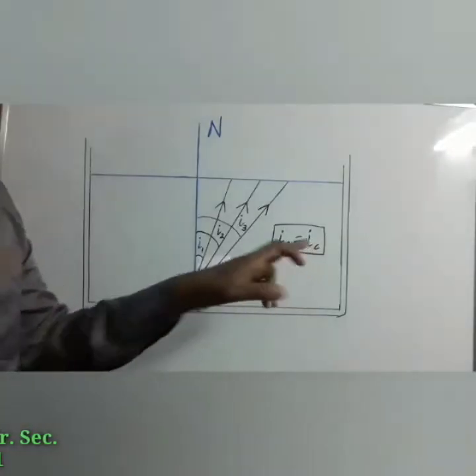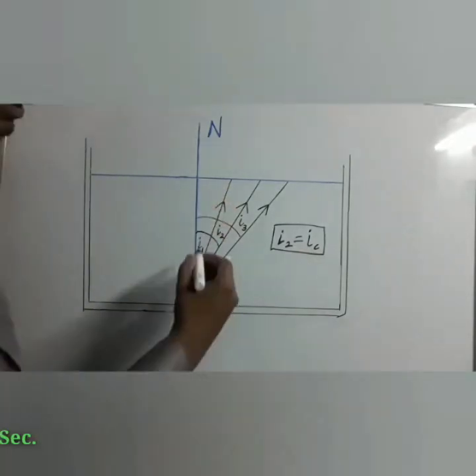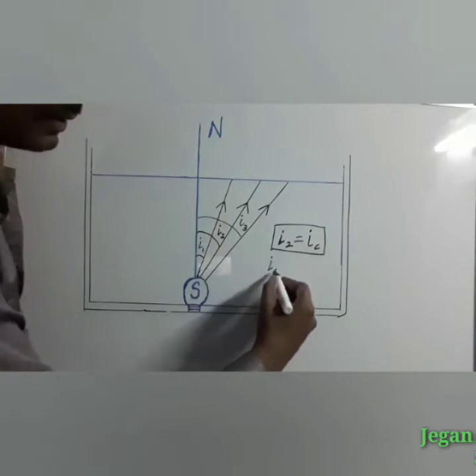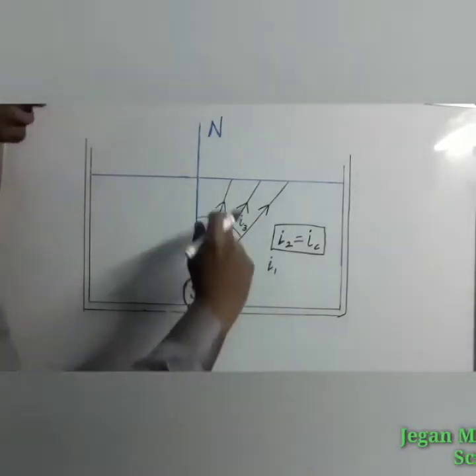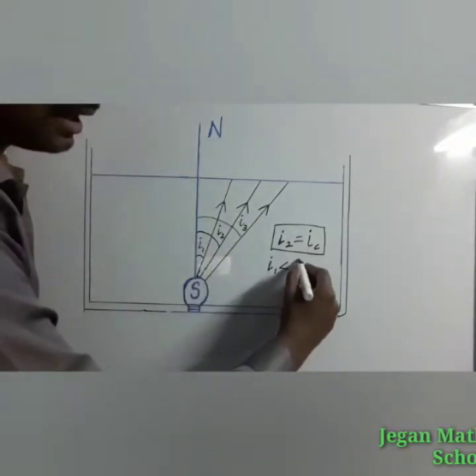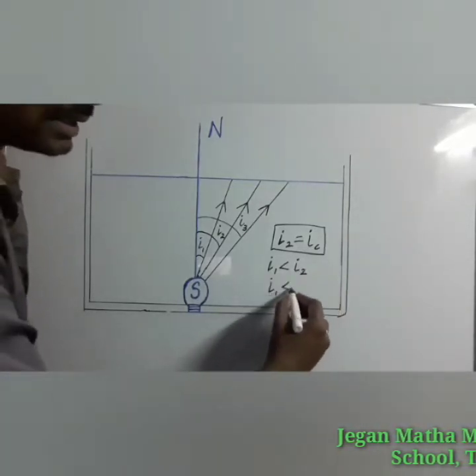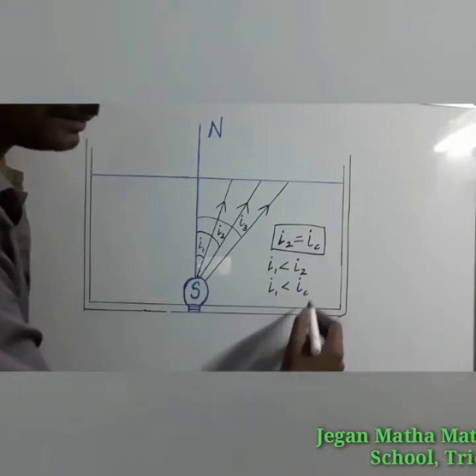We know that IC is the critical angle. From the diagram you can understand I1, the angle of incidence made by the first ray, is less than I2, or otherwise we can write I1 is less than IC.